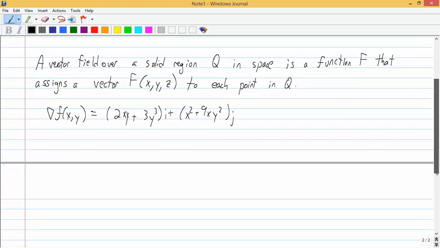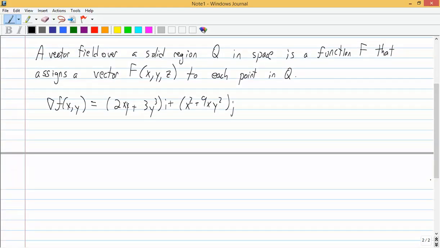That would be a vector field in 2 dimensions, in the plane. And then in space, you would just add one more dimension. So an example in 3 dimensions, and again I'm just coming up with random ones, say we had some gradient that gave us 2x i plus 2y j plus 2z k. That would be an example of a vector field in space.